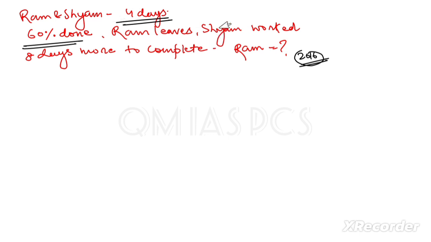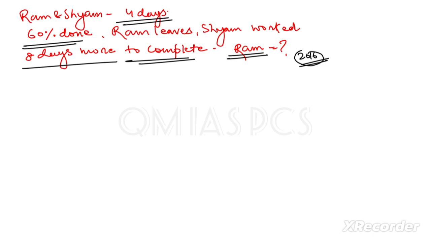Now Shyam is working alone and he took 8 more days to complete that work. The question was: how many days will Ram take to complete that work alone, not together, alone? So we have to find this one.